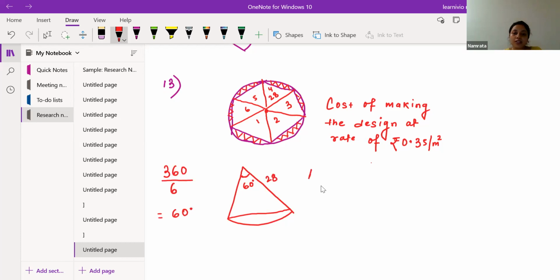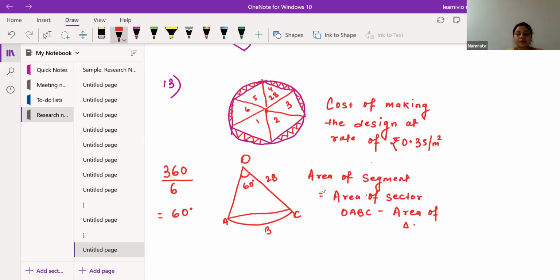What we know? We know area of the segment is equal to area of sector, if this is A, this is B, this is C, so area of sector OABC minus area of triangle ABO.